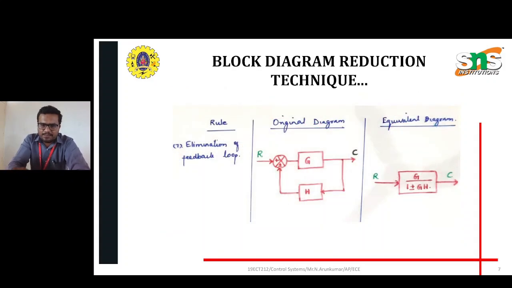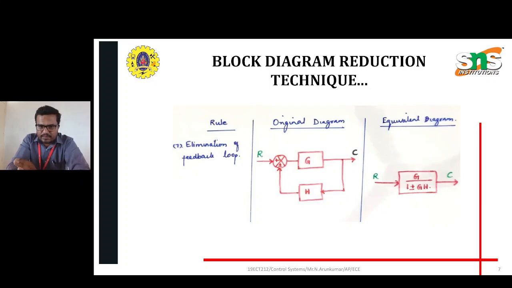This is one of the important rules followed in block diagram reduction techniques, because if you want to transmit a large number of blocks from a single source, this kind of elimination rule will be followed. Whenever we transmit the information to the concerned destination block, sometimes blocks are placed in between loops, and that kind of loop can be eliminated by using this rule.